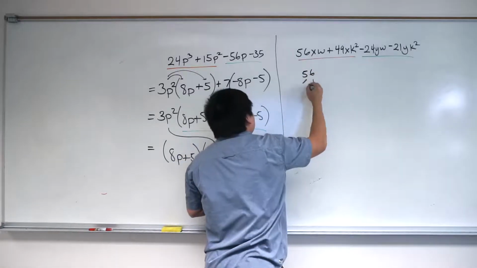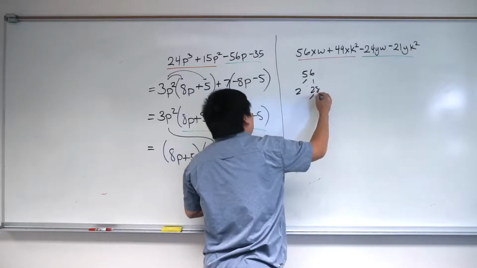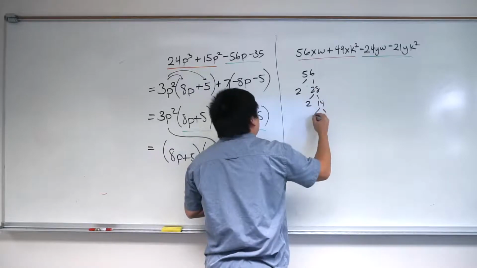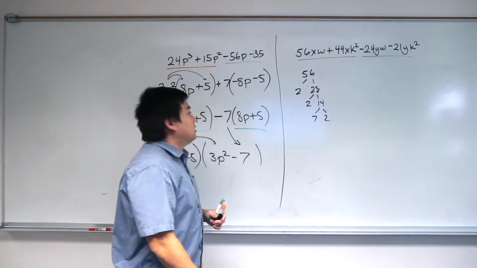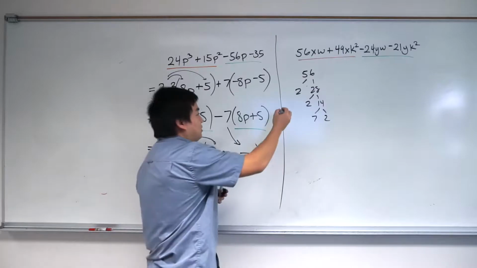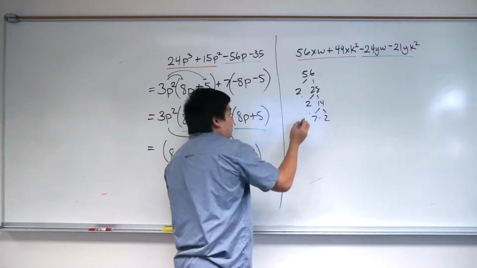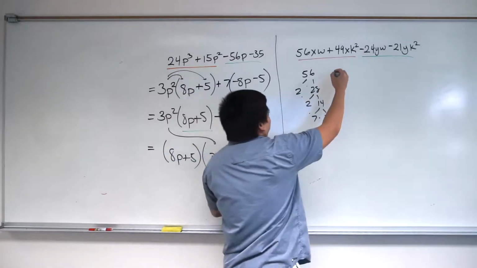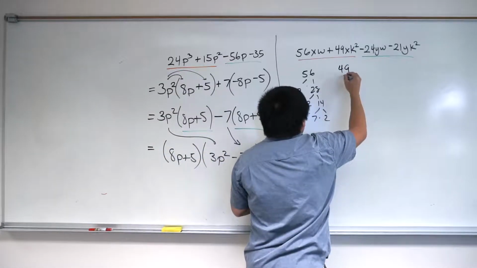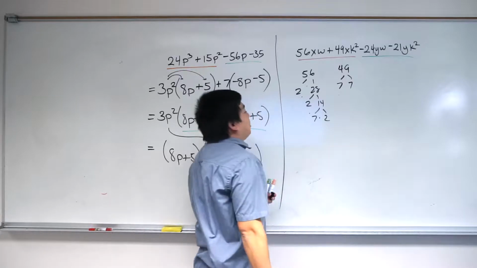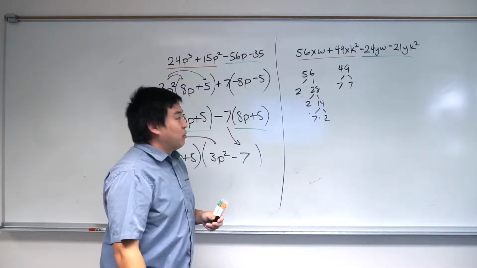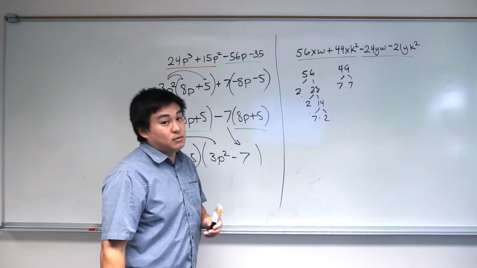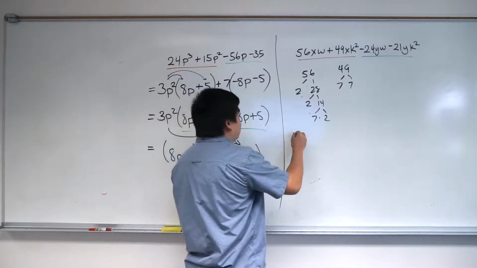So 56, 2, 28, 2, 14, 7, and 2. So 56 is the product of all the bottom branches. 49 is just 7 and 7. So the only number they have in common in their tail branches is the 7. So 7 is a factor of both of those.